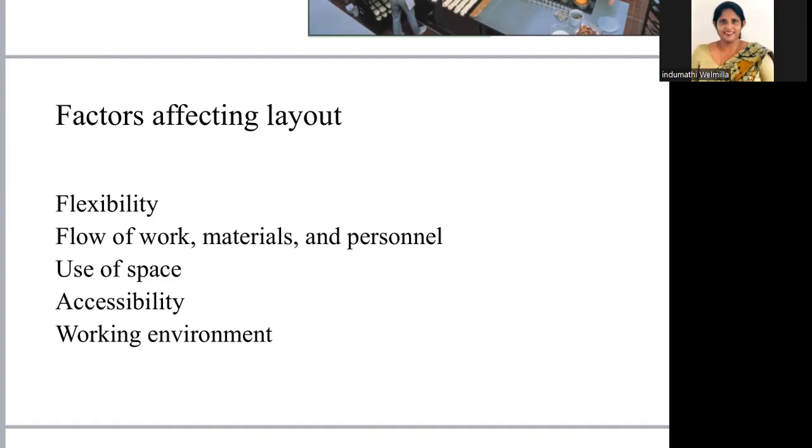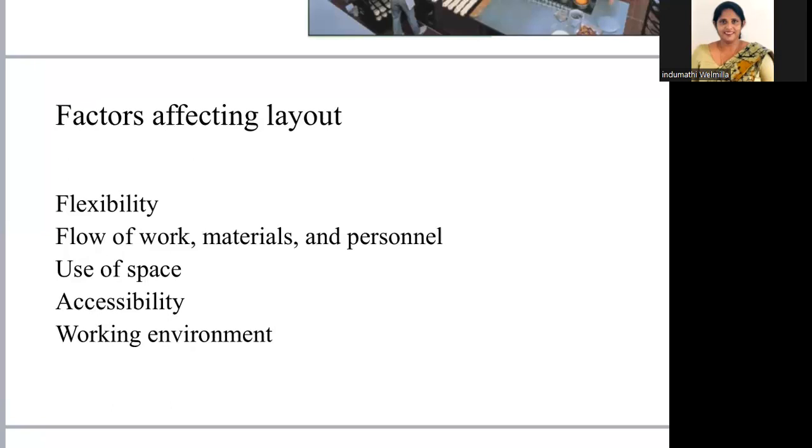Their entry into and exit from a functional area should be coordinated so that it is convenient to the issuing and the receiving department. As far as possible, backtracking should be kept to a minimum.